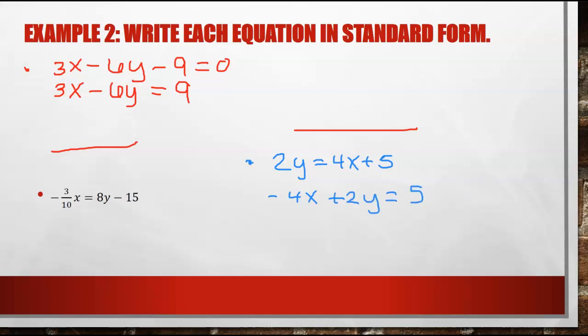But that doesn't satisfy the condition that the a value has to be positive. So I multiply everything by negative 1, like you would for elimination. And you get 4x minus 2y equals negative 5. So my a value has to be positive.